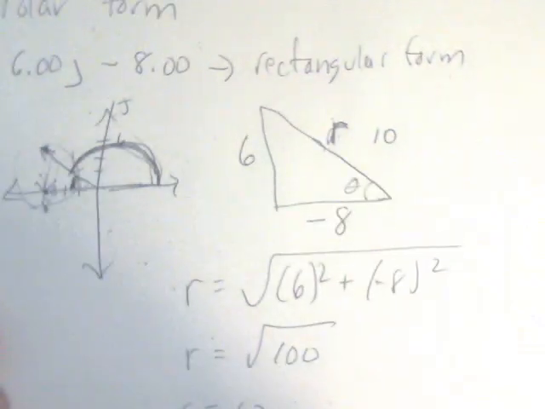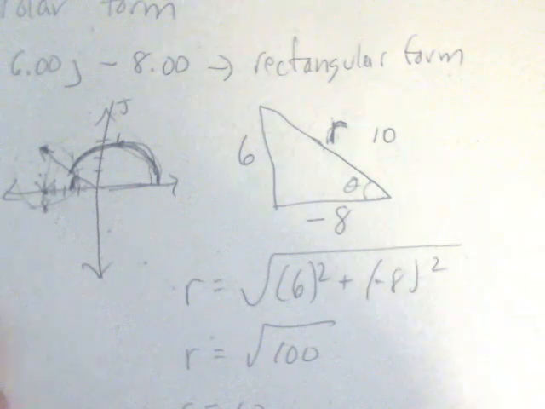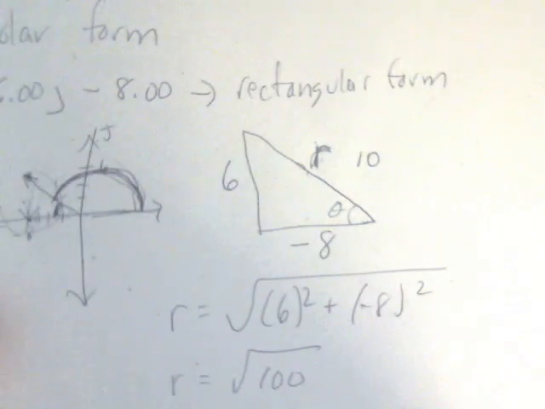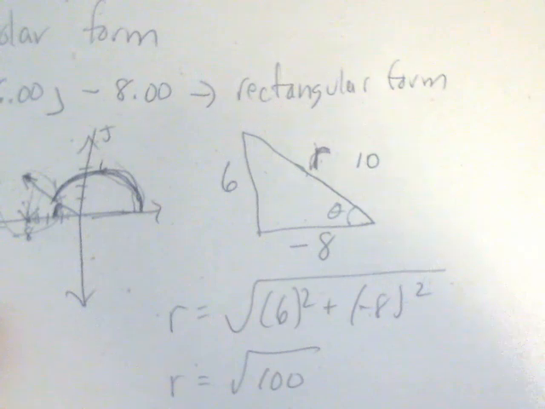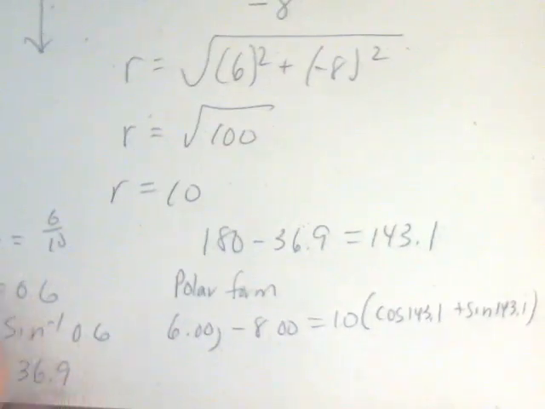So now my polar form, the 6j minus the 8.00, is going to be my R times my cosine 143.1 plus the sine 143.1. And I know that's a little confusing. May not be easy, but I think you can figure it out.